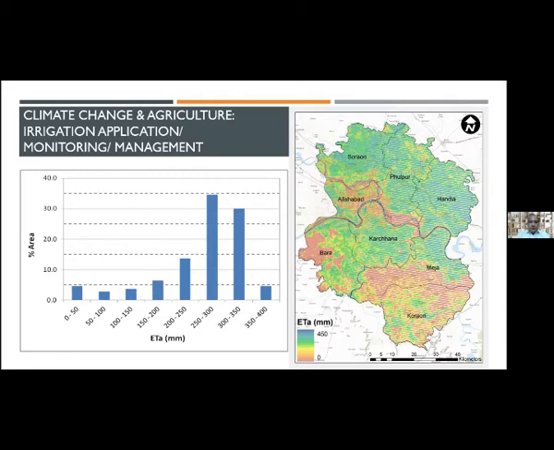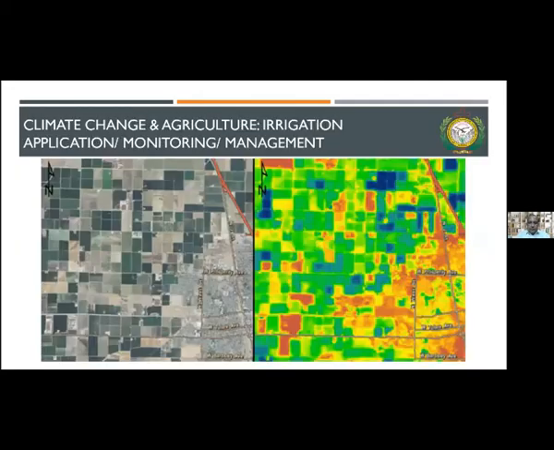And this is the field view. If you look at the group of fields, this is a true color image, or how you see with your eyes. Some fields are really green, but some fields are not as green as they should be at this time of the period. You can see in their water use why that's happening, how they are irrigating.